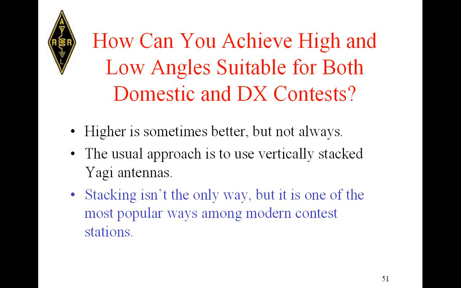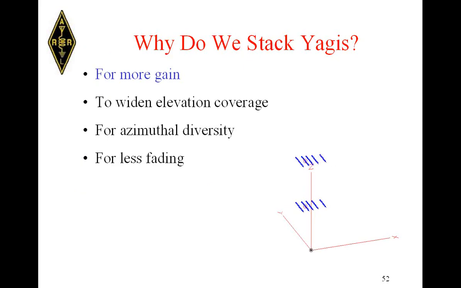I'll discuss that in more detail here. Stacking isn't the only way, but in the last 20 or 30 years it has become one of the most popular ways among modern contest stations to cover all the angles: vertical stacking of Yagis.